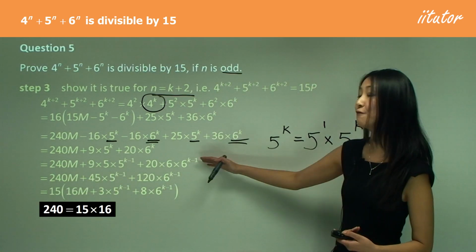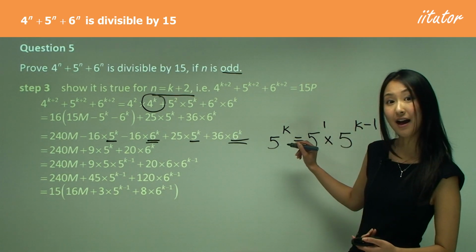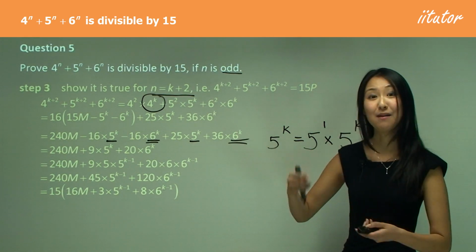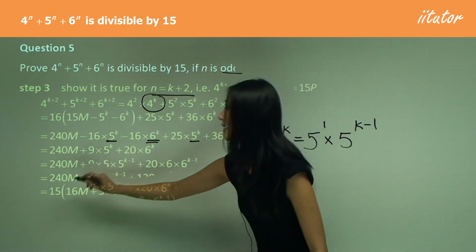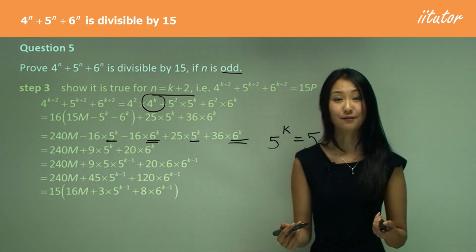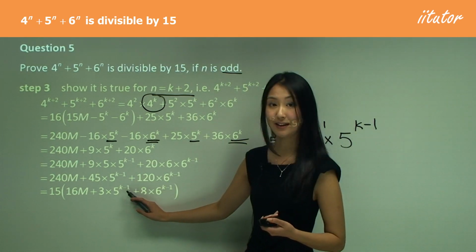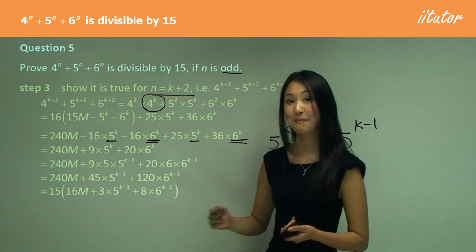Now sometimes if you can't take out 15 yet, you have to take out another 5 and then see if that can be divisible by 15. So what we need to do is check that this is going to be an integer. Even though it's k minus 1, we know minus 1 can give a fraction. The smallest value that k can be is 1. That means the smallest value that whole thing can be is 0.